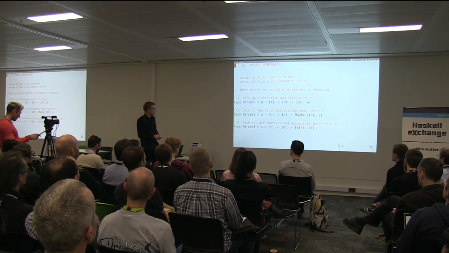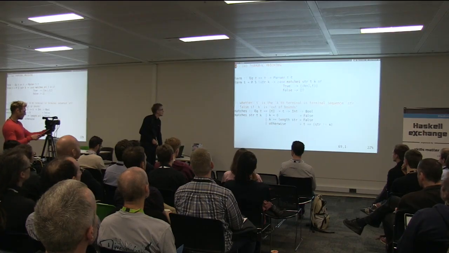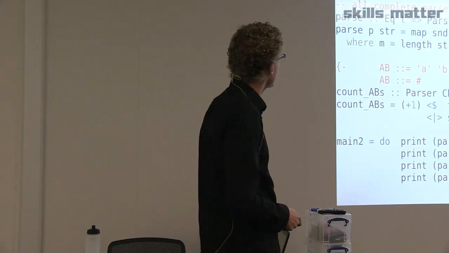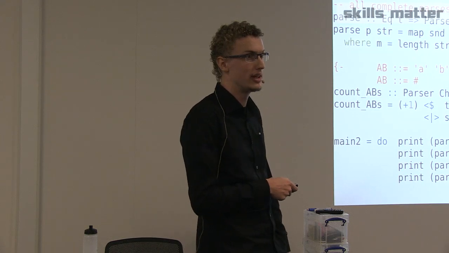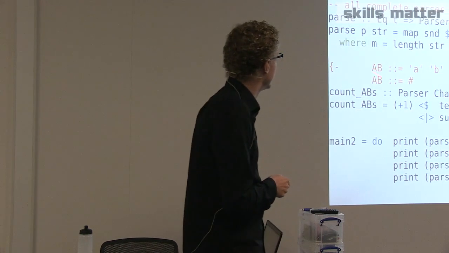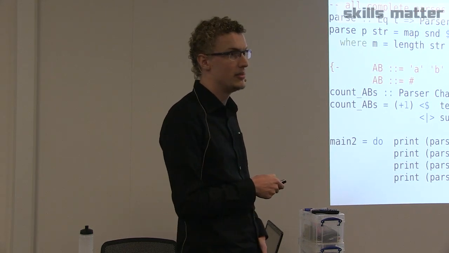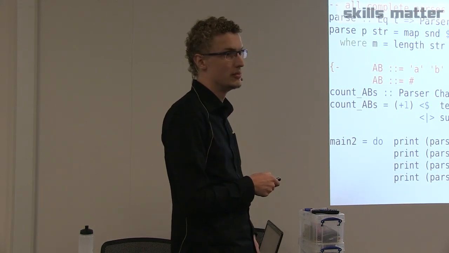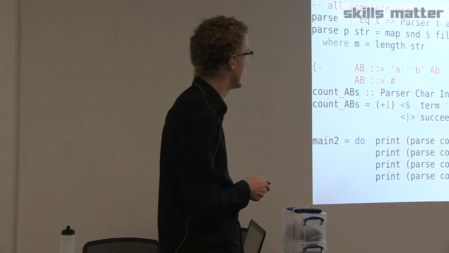So going with this approach, I've wrapped this type of parse functions in a new type so that I can give class instances later. And I define this function parse, which, given some parser and an input string, gives us the multiple semantic values that may end up from performing this parse.